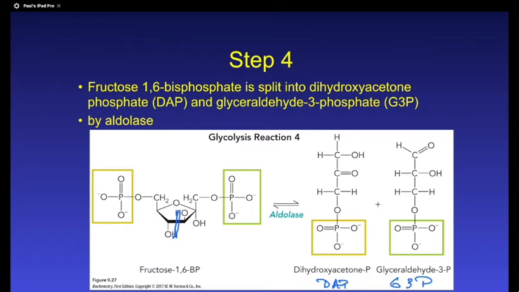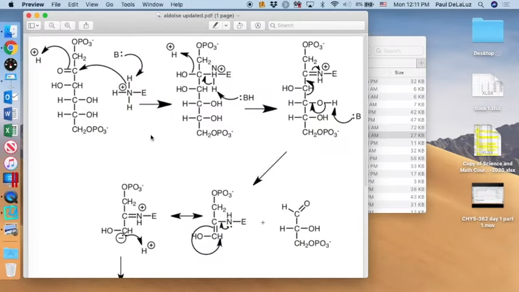Okay? So I'm going to articulate this one a little bit more. Also, this reaction has to take place with an open ring structure. The first step in the reaction is the sugar is reacted with an amine in the enzyme. So E is the enzyme. And so the enzyme reacts at the ketone to create a hydroxide.